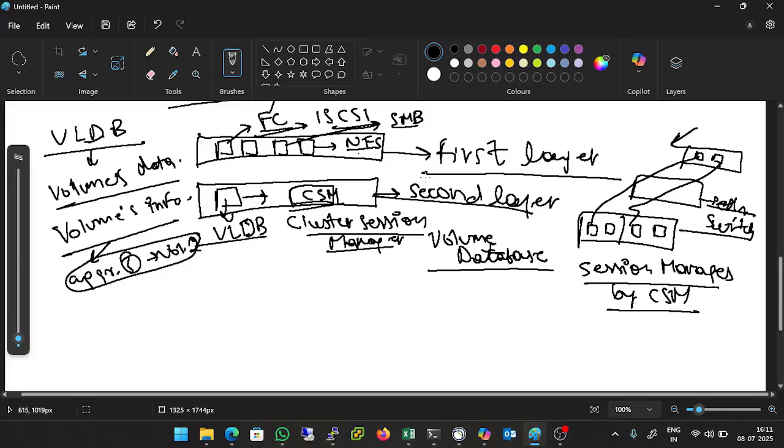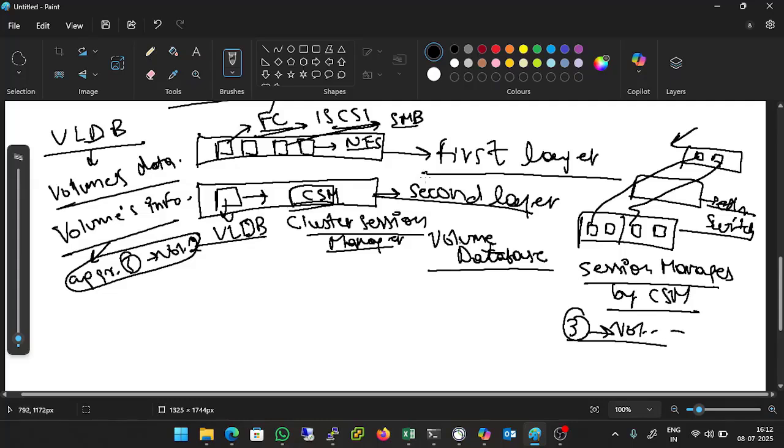Whenever you get a request from one particular protocol, NetApp creates one particular session to which volume, to which aggregate, that VLDB has already suggested to me that my data is in. Suppose VLDB suggested that the data that has been requested to be written is in the aggregate, or to the volume, is basically in aggregate 3, volume by this name.